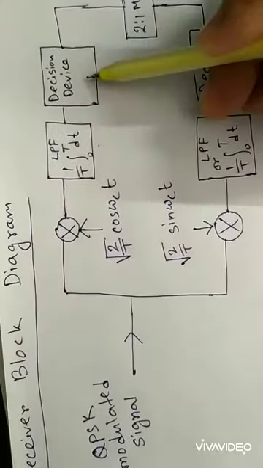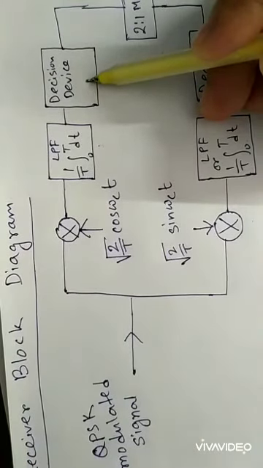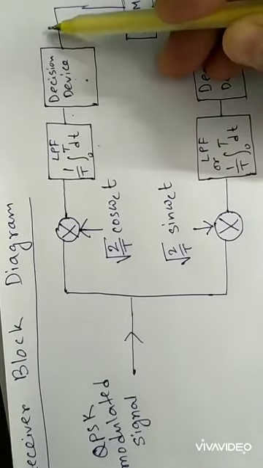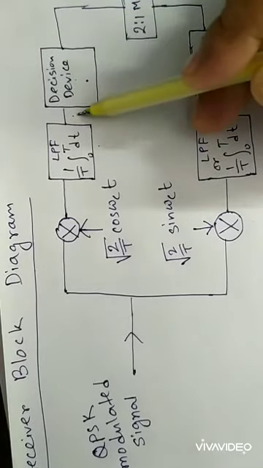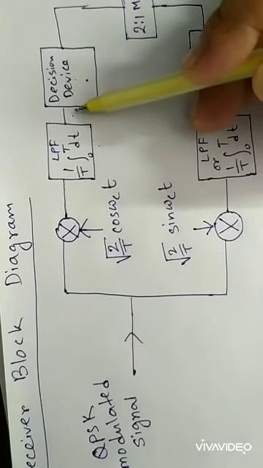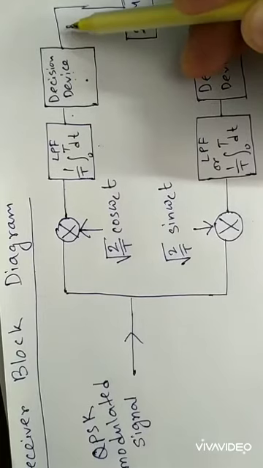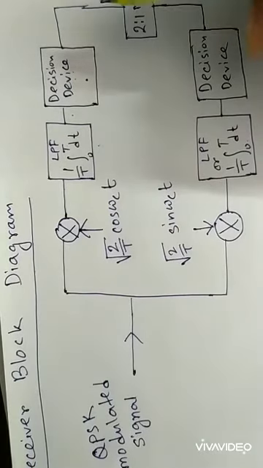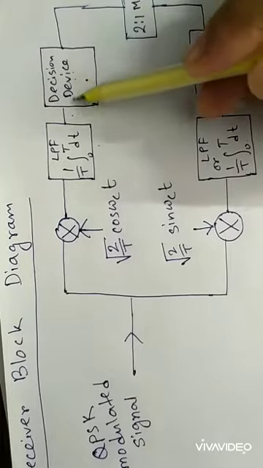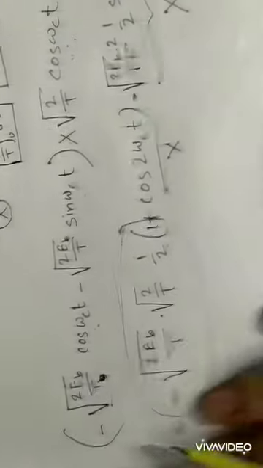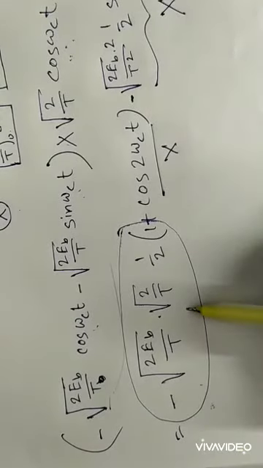Now if I choose the decision device to have a threshold lambda which is 0, then if we get a positive signal here, the decision device will decide the incoming signal is 1. If it receives a negative signal, whose value is less than 0, the decision device will decide the incoming signal is 0. So here the incoming signal is 0 because the received signal is negative.